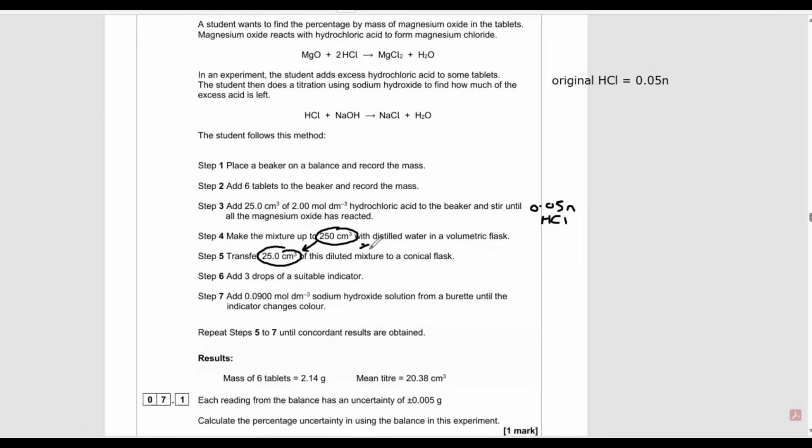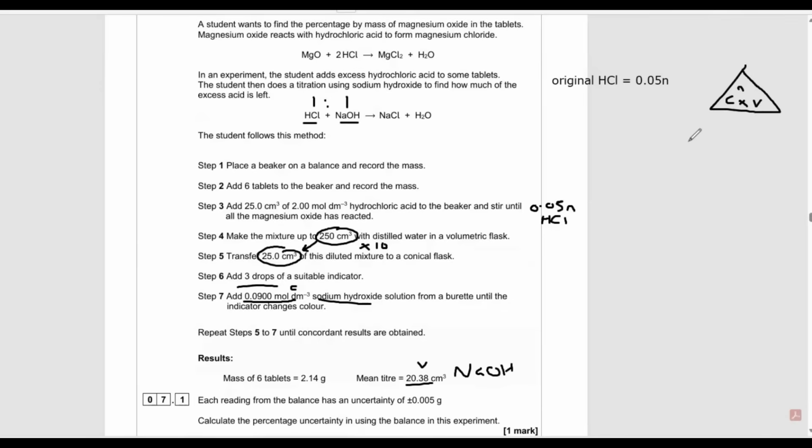They took a tenth, right? They put the mixture up to 250 and then just took 1/10. So we're going to have to multiply our moles by 10 at some point, and they always do this. And now we've got the concentration for sodium hydroxide, 0.09, and we have the mean titer, which was sodium hydroxide being titrated with the acid. So let's work out how much sodium hydroxide was used with the leftover HCl.